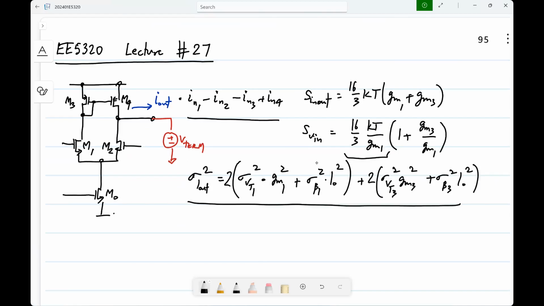This is the variance in the output current, not the relative output current. The nominal output current is 0, so it doesn't make sense to normalize this anyway.